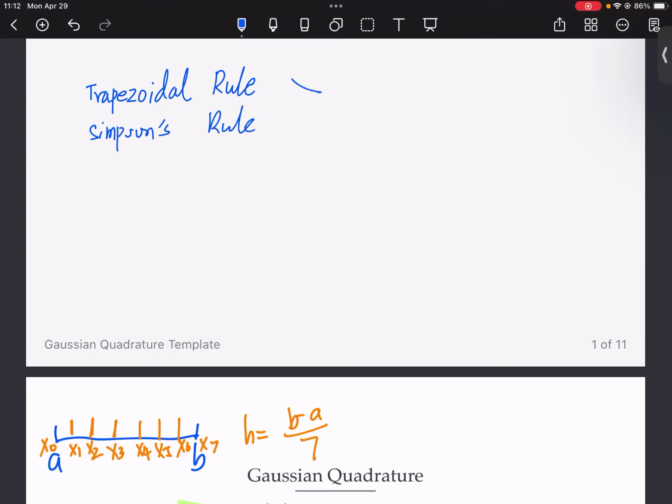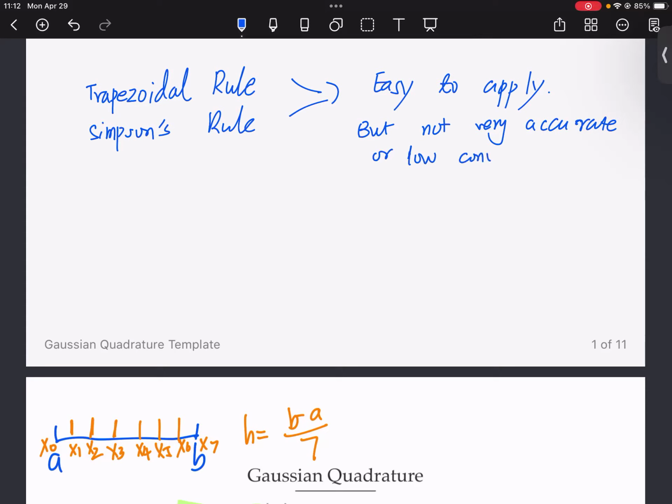And these are very easy to apply, but not very accurate schemes. They have low convergence.